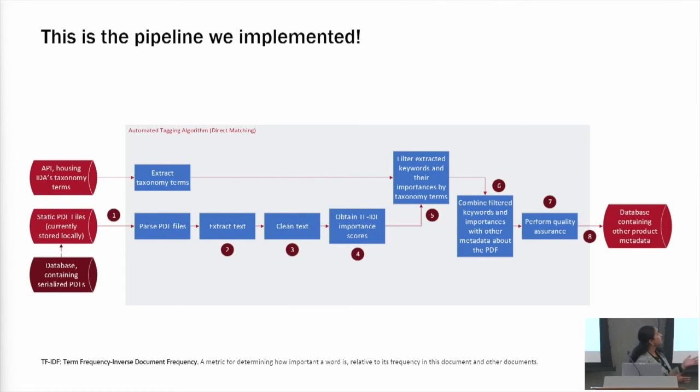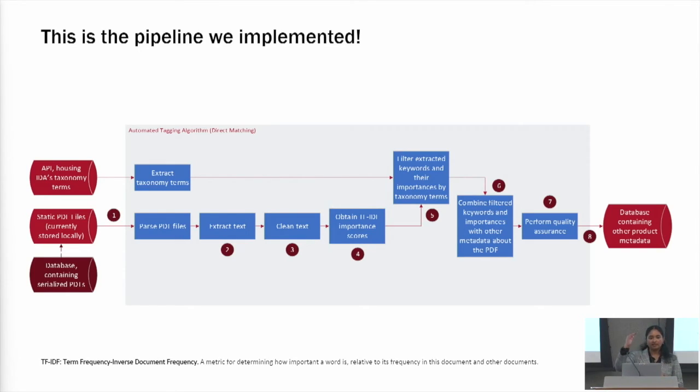This is the pipeline that we have implemented in Python. I'm not going to go through all of the details, but please come find me during my poster presentation. I'll talk about all the details you want. The idea is that we ingest our PDF files, we extract the text from them, we clean this text, and we obtain what's known as TF-IDF importance scores, which is effectively looking at how important the extracted keywords are relative to their frequency across all of the documents.